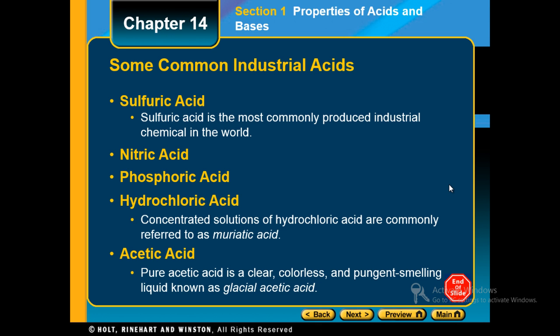Glacial means it's related to ice. We call it glacial acetic acid because it has a very low freezing point, which is 17 degrees Celsius, which means it will freeze at room temperature.